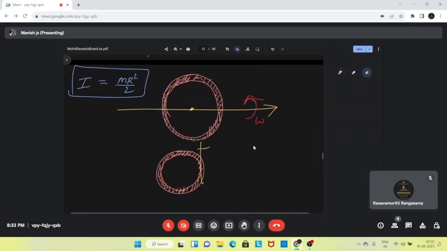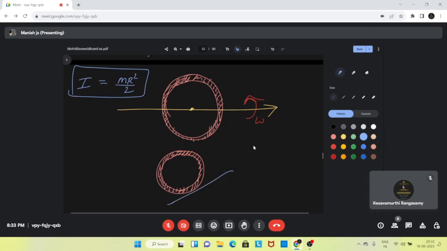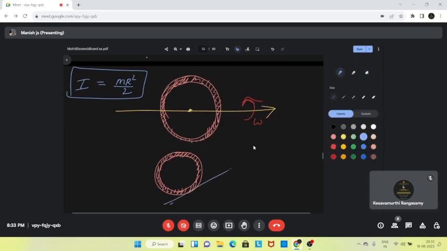You know what a tangent is, right? It's a line that just touches the ring like this. I will draw a random tangent here. It should actually touch.